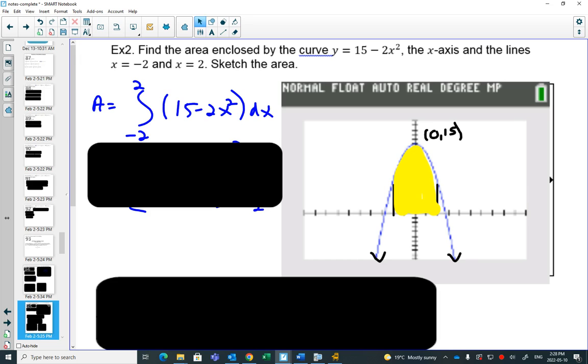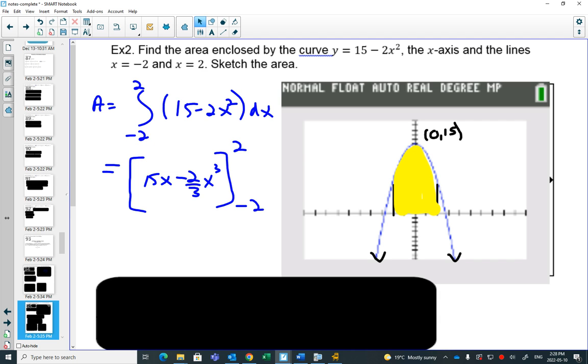Yeah, we always say you don't have to have the bigger number up on top, but when we're doing the area between a curve, you're going from left to right. You'll put negative 2 on the bottom, 2 on the top. Integrating this isn't bad. It's just your regular power rule.